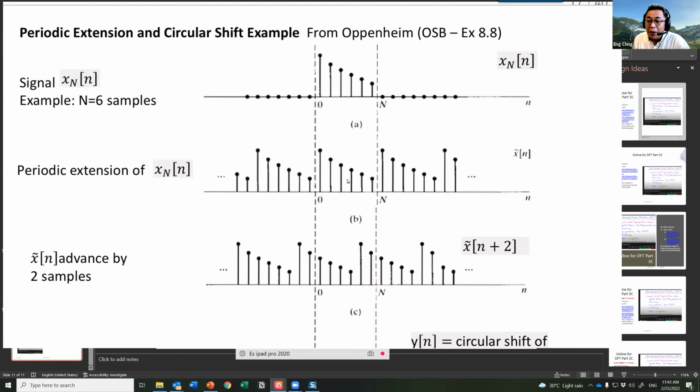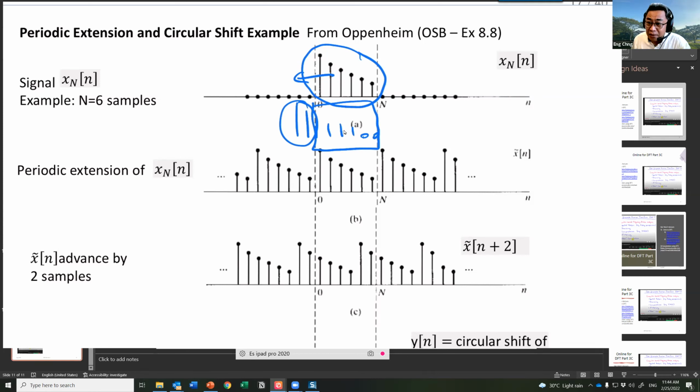That is the problem. And the problem comes when I advance this by 2 samples. So I'm going to shift this onto the left. In the original, if I advance by 2 samples, I will have this, this, this, this, and then 2 zeros. So this part is gone on the left. And if I'm only observing the N points, I would only observe this, and 0 is shifted in.